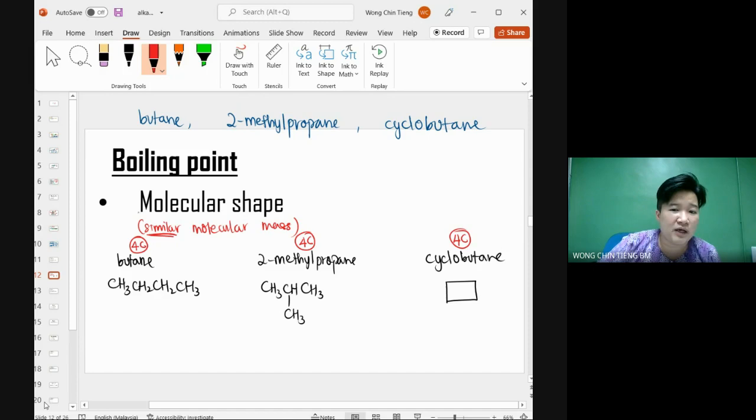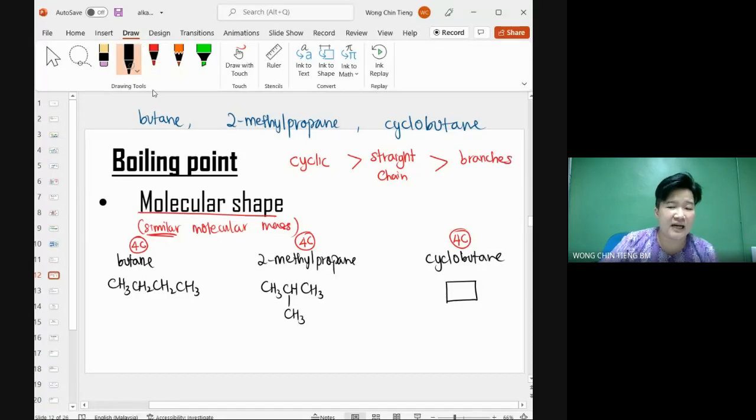That is the reason why you move on to your molecular shape. Okay? Molecular shape ada 3. And the champion of molecular shape adalah cyclic, followed by straight chain, followed by your branches, yang ada cabang.